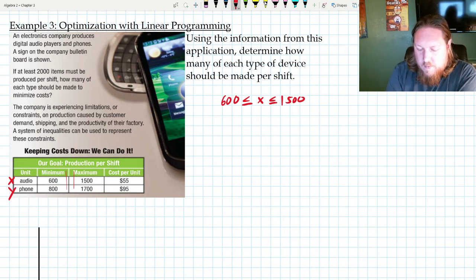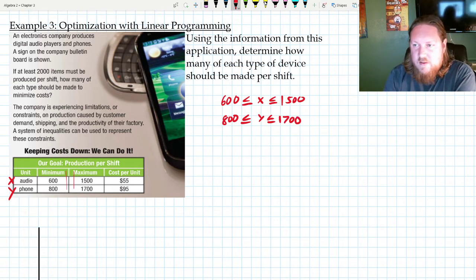For the Y or phones, you're going to make at least 800, but you're not going to make more than 1,700. If we make more than 1,500 and 1,700, it's no good. We're not going to be able to handle shipping all the stuff.